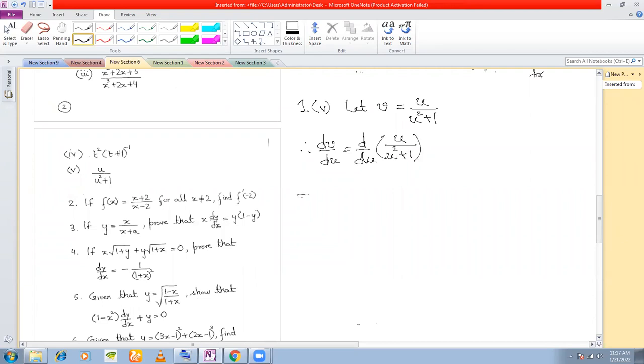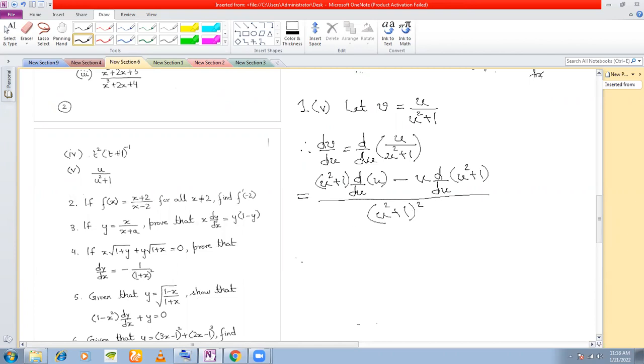Which is equal to, take the numerator as u and the denominator as v. So the formula was v du dx. V here is u square plus 1 into ddu of u, ddu of the numerator, minus u into ddu of u square plus 1, divided by square of the denominator, u square plus 1 square.